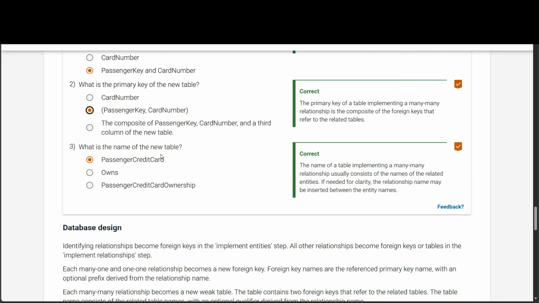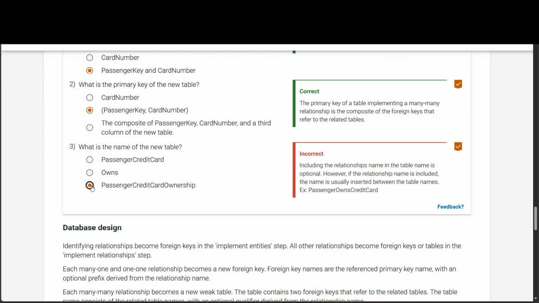So what is the name of the new table? We call it passenger credit card. So the name of the table implementing a many relationship usually consists of the names of the related entities. If needed for clarity, the relationship name may be inserted between the entity names. So what if you say passenger credit card ownership?